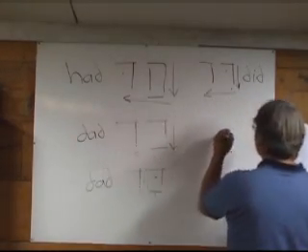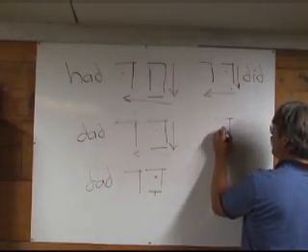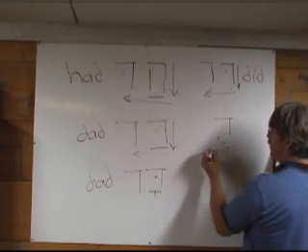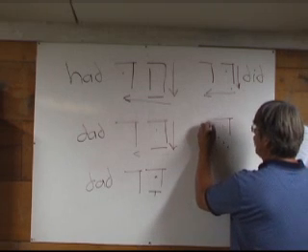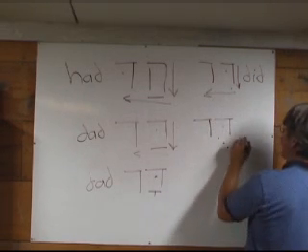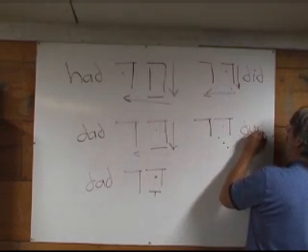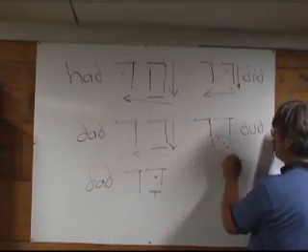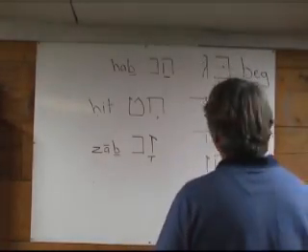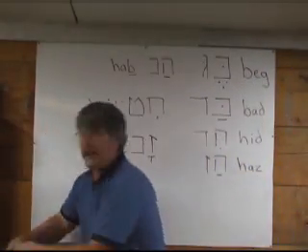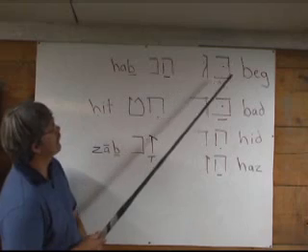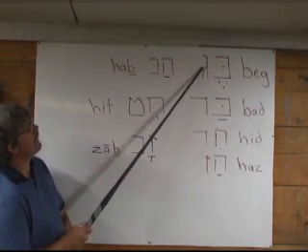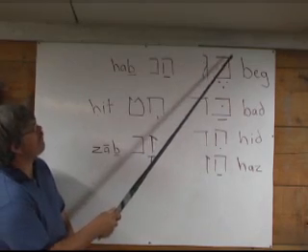If you did dalet with kibbutz, remember kibbutz is the descending triple dot, and then dalet, you would have dude. Not dud, dude, because this is oo. Let's do a few more for you. I'll try to stand out of the way so you can see this. If you have bait and segol and gimel, you have beg.